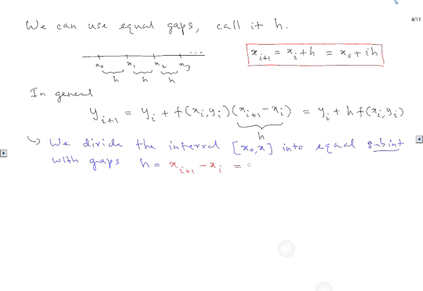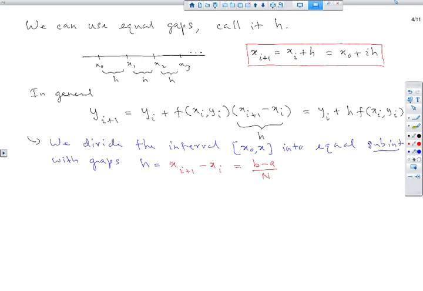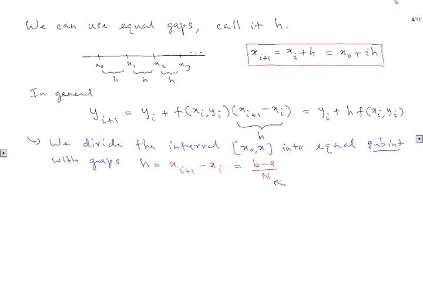So how do you get that? Let's say you have an interval from a to b, so it's simply b minus a over n. n is the number of subintervals that you need.